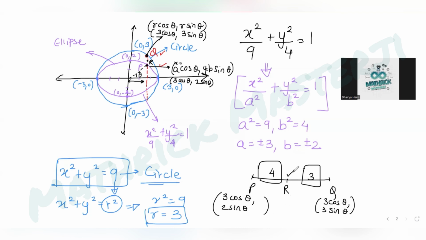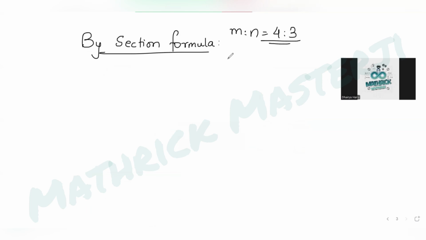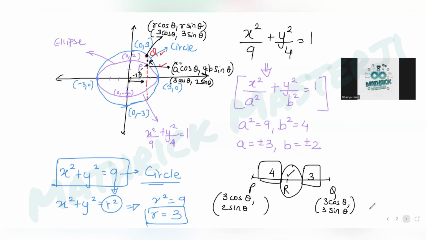Now I find the coordinates of R by using the section formula for internal division, where the M is to N ratio is given as 4 is to 3. X1, Y1 are the coordinates of the first point P, which is 3 cos theta and 2 sin theta.